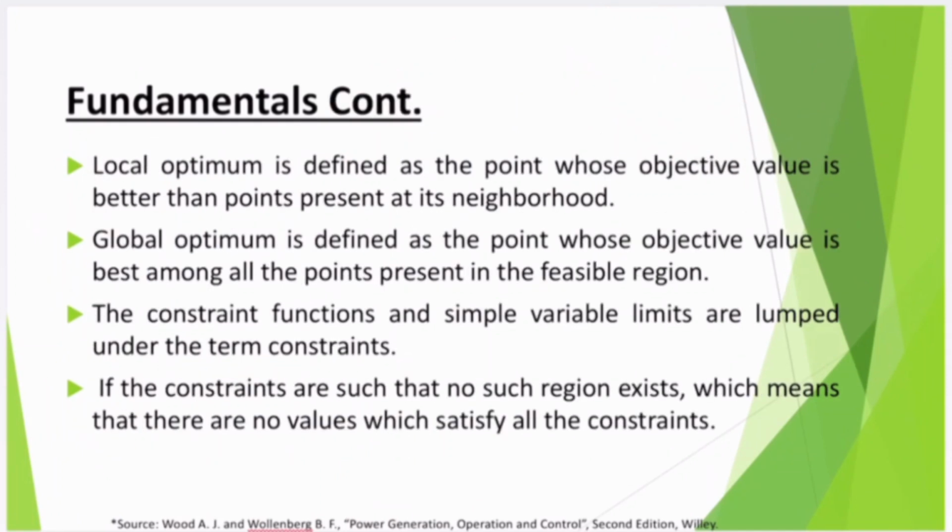Now, local optima is a very common term because there are a few functions which keep on oscillating, and they are not convex functions. Let's say I talk about a function which keeps on oscillating.